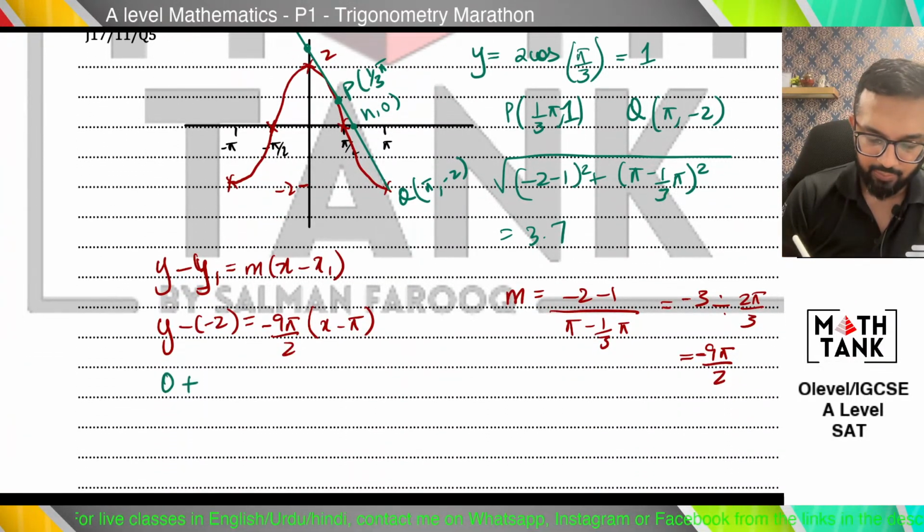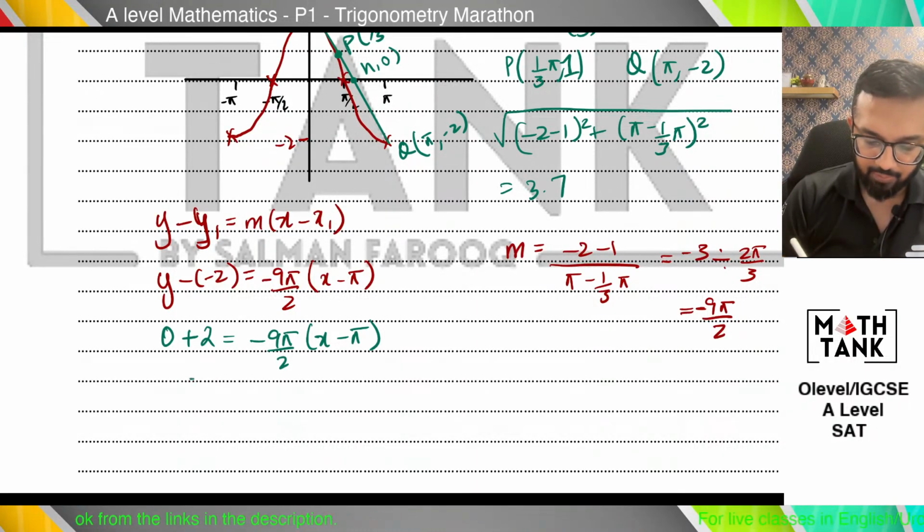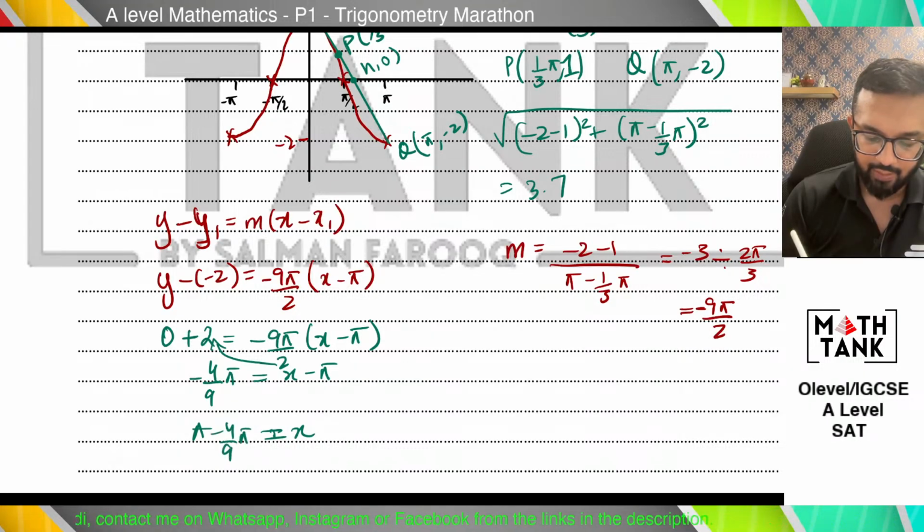So this is going to become 0 plus 2 over minus 9 pi over 2 equals x minus pi. When this gets cross multiplied, it gives me minus 4 over 9 pi equals x minus pi. Okay, this is going to get multiplied and that is going to get divided. So x is then pi minus 4 over 9 pi, which is 5 pi over 9.